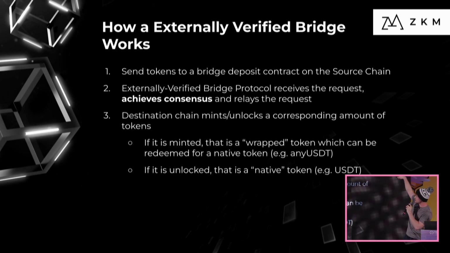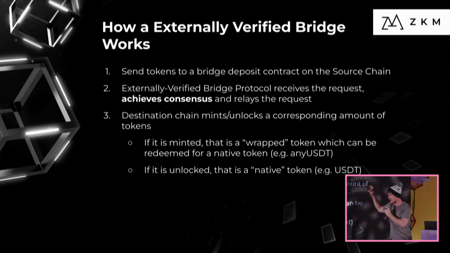So I send tokens to a bridge deposit contract on a source chain. This can be Ethereum, this can be Avalanche, this can be an L2. Essentially, we receive that request, and then we achieve a set of consensus. Like, we agree that this transfer did happen. As a result of this agreement, we then mint or unlock a set of tokens on the destination chain.